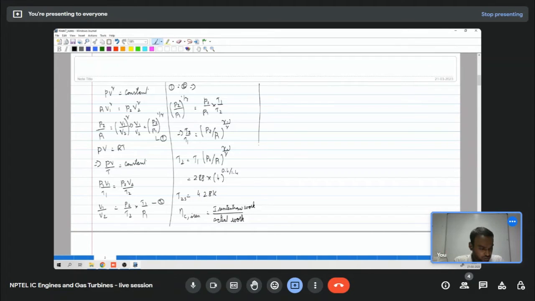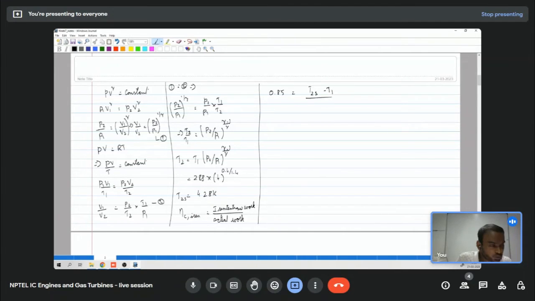It is 0.85, and isentropic work is T2s minus T1, and actual work is T2 minus T1.